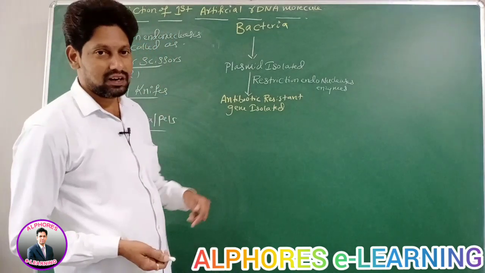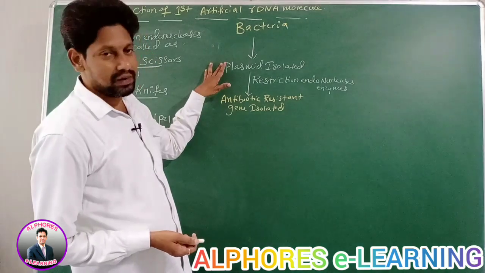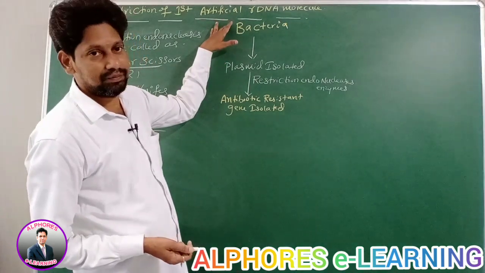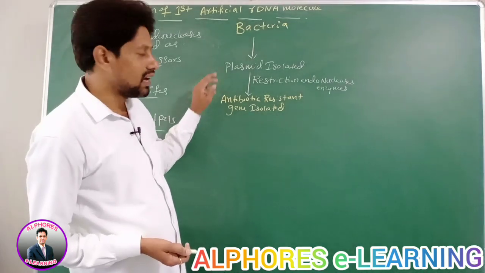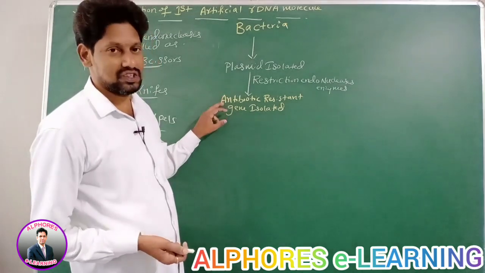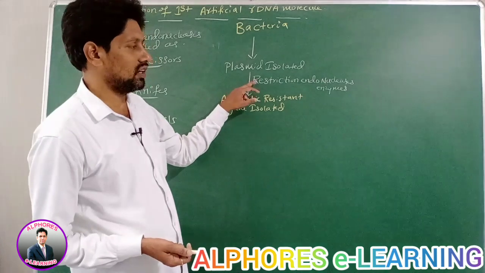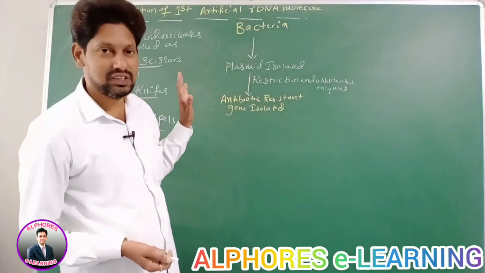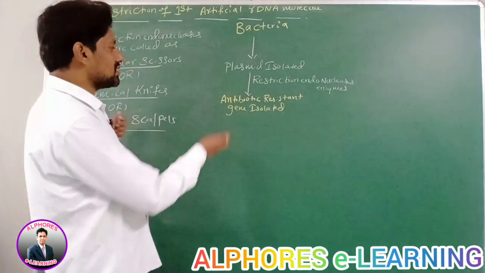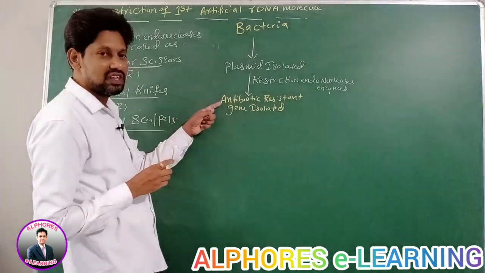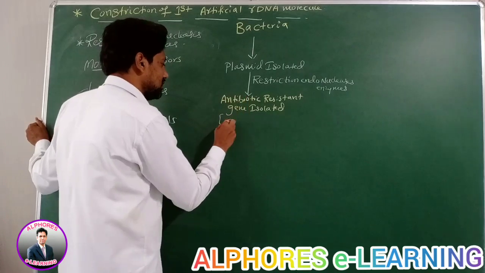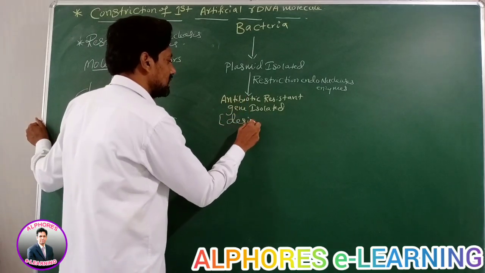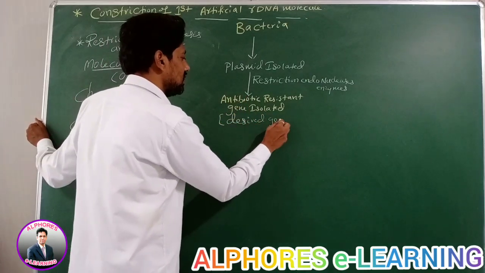Sir, what did Cohen and Boyer do? They isolated a plasmid from a bacteria. From this isolated plasmid, they isolated the antibiotic resistant gene by using restriction endonuclease enzymes. Now this antibiotic resistant gene that was isolated from the plasmid is the desired gene. In this case, what is the desired gene, sir?